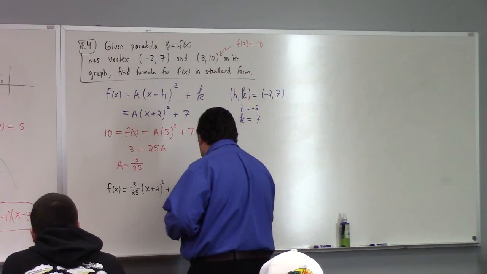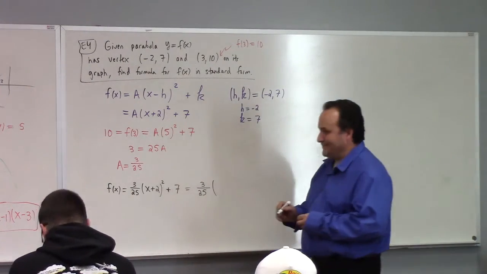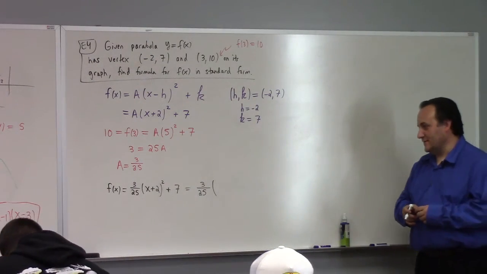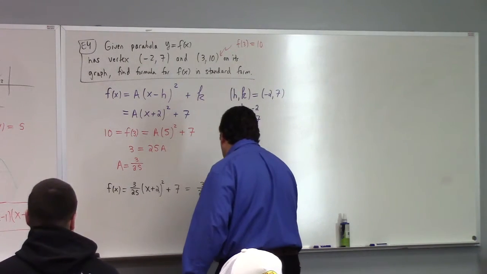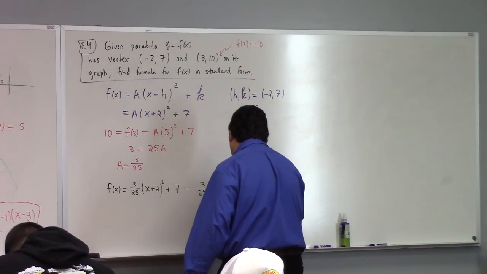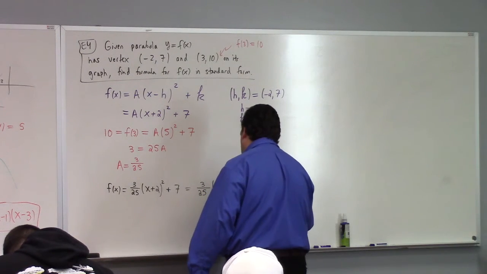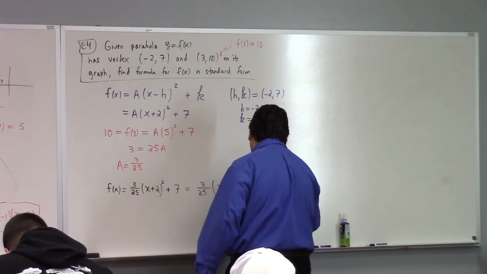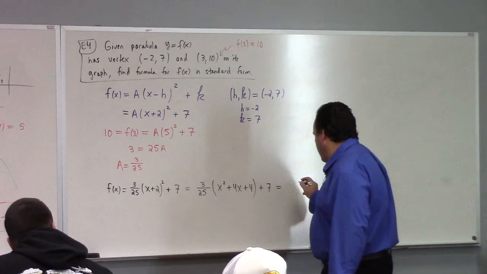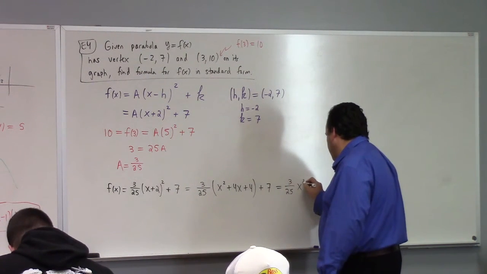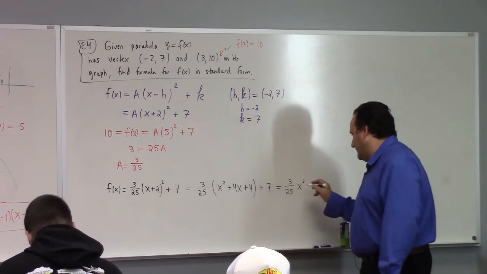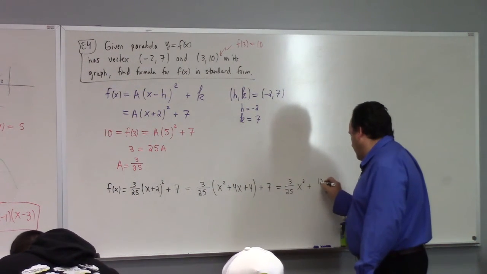3/25. X plus 2 squared is x squared plus 4x plus 4. And then I've got plus 7, right? So what that gives me is 3/25 x squared plus 4 times 3, which is 12, over 25.